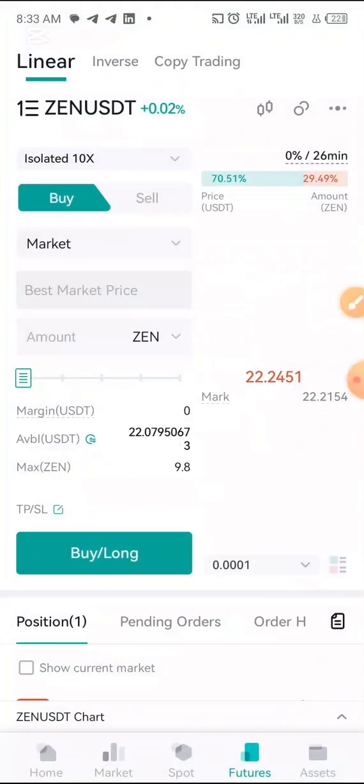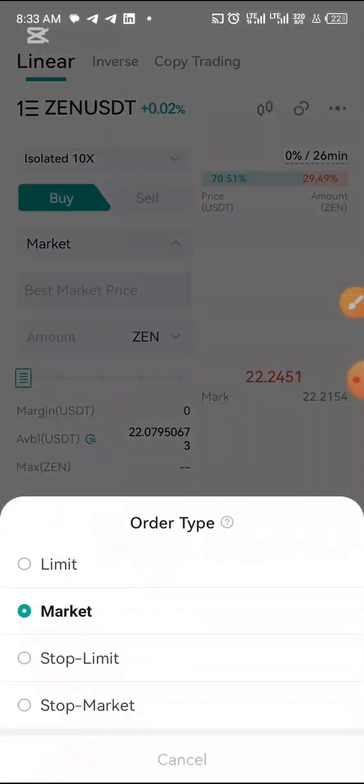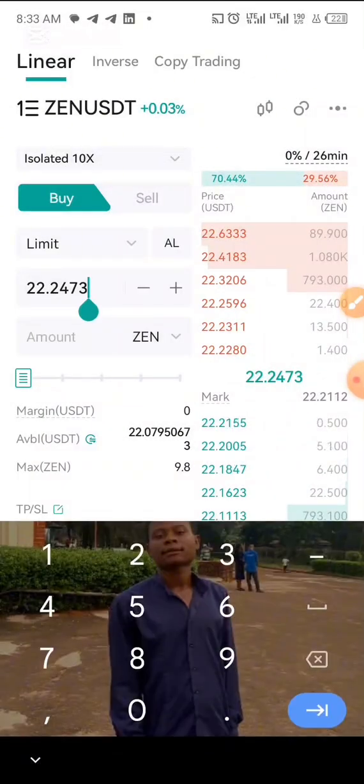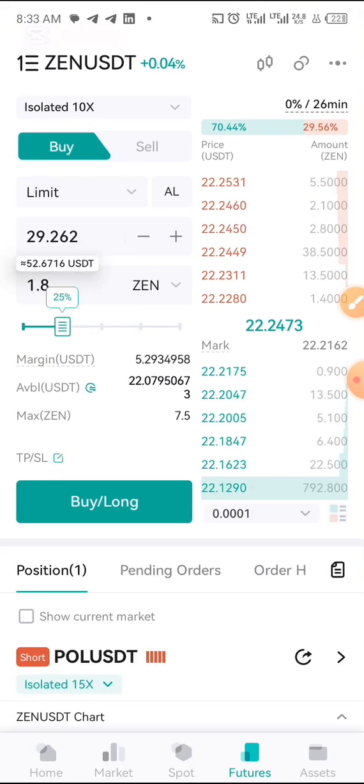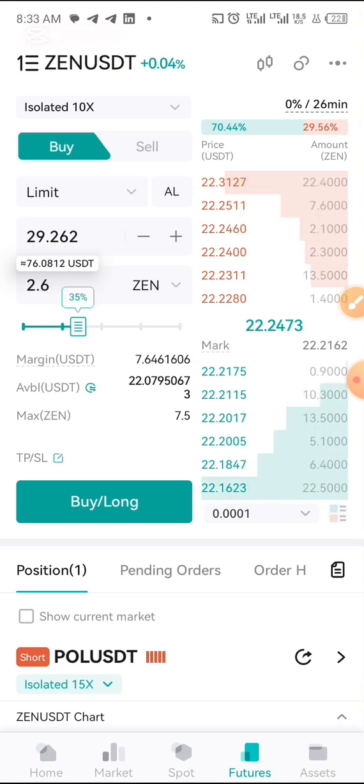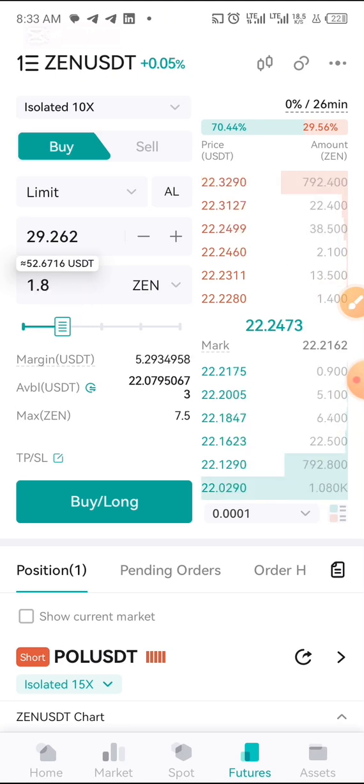So we are using limit 29. Click on limit order. That's 29.262 buy. Okay, amount of Zen. Now this has to do with your available balance, like I said earlier in our previous video. You can select 25, you can select 50%. Let's go with 25%.